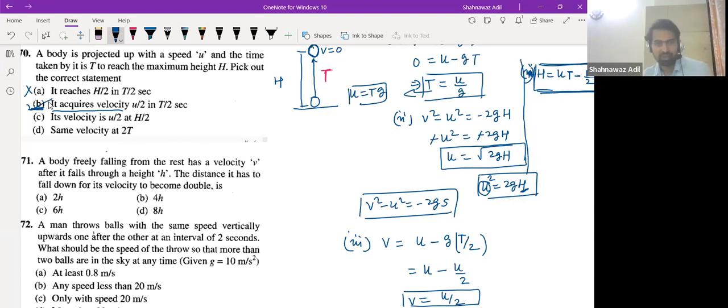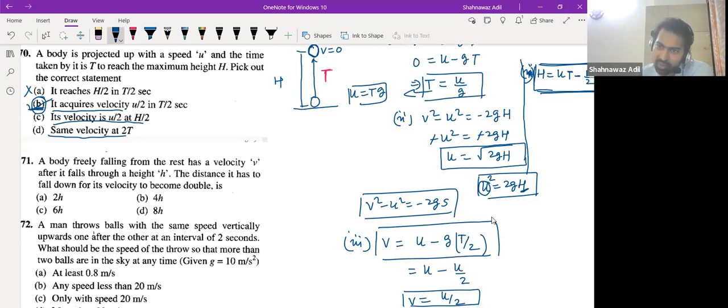Which means that this was the correct option, right? Similarly, we already know that these others are not correct, but please check these ones. It is not compulsory, but for your understanding purposes. We already got our answer: at t equal to t by 2, this would be my velocity, because my velocity is u minus gt, and I am calculating the velocity at t equal to t by 2.